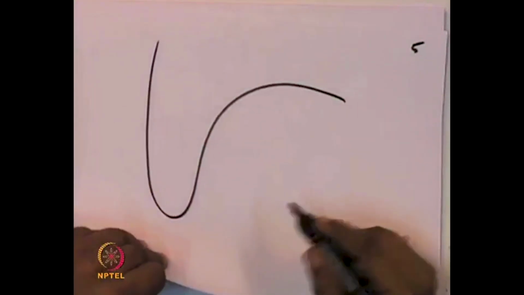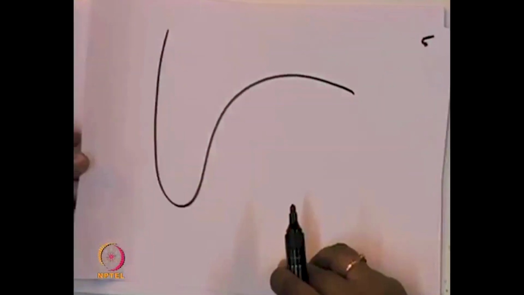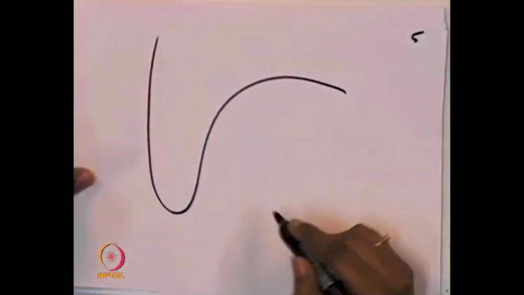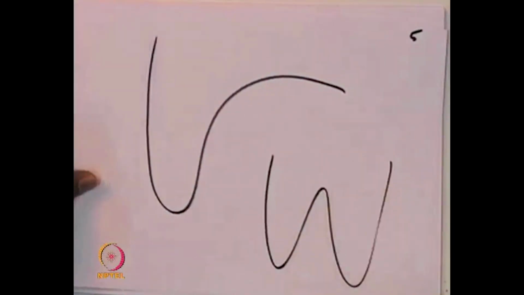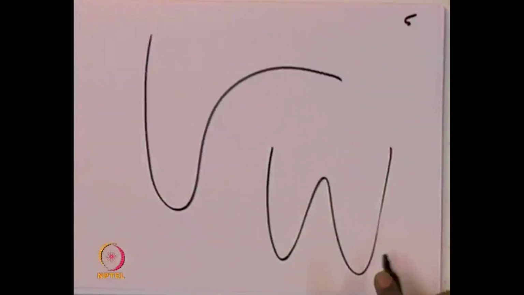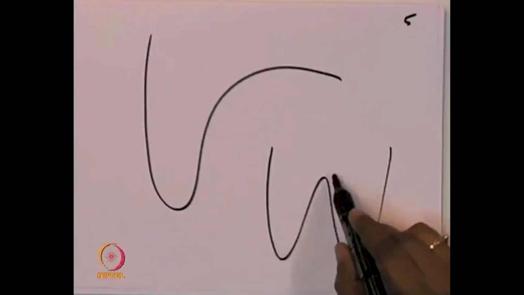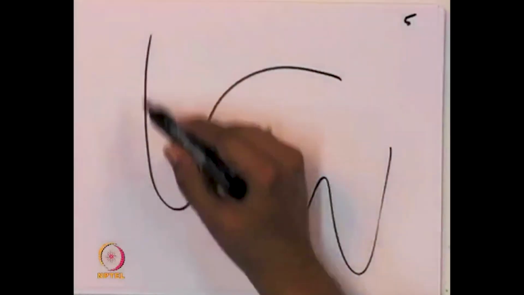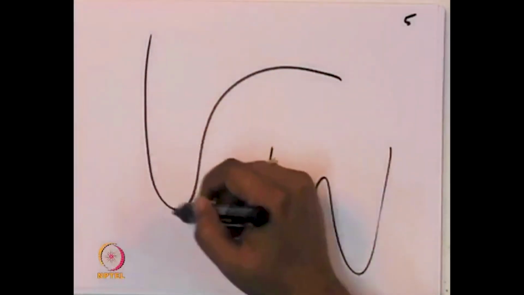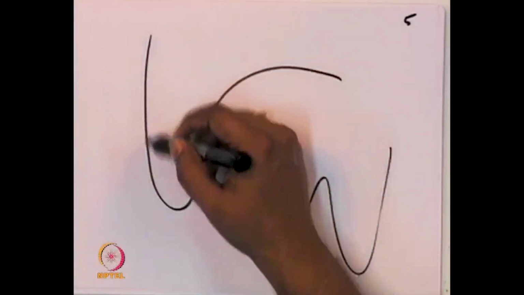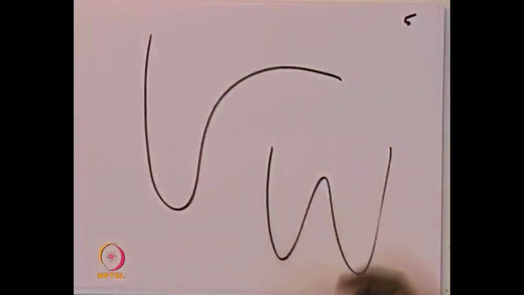Some other function can look like this, as we were discussing with the free energy. All these functions have minima or maxima, where the function itself is changing its slope from either positive to negative or negative to positive. So, the slope is being changed. That is the main point where it changes its direction.